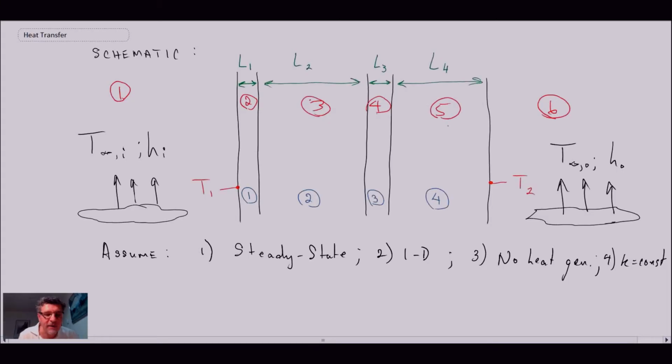I probably should have used different numbers because that's going to mess us up with the widths, so let me erase that. For thermal resistances, I will do A, B, C, D, E, and F. Each of those is going to have a thermal resistance, although we're going to have a different symbol for it. But anyway, that shows you the number of thermal resistances. So let's take a look at the analysis of this problem.